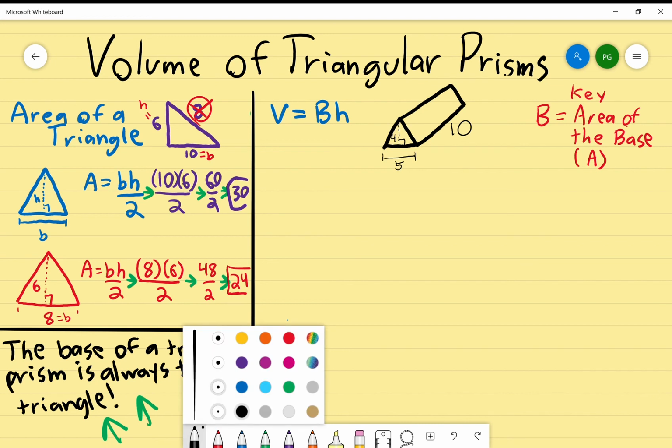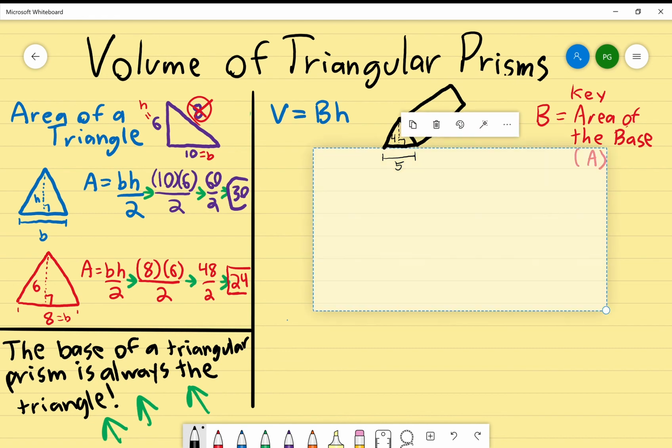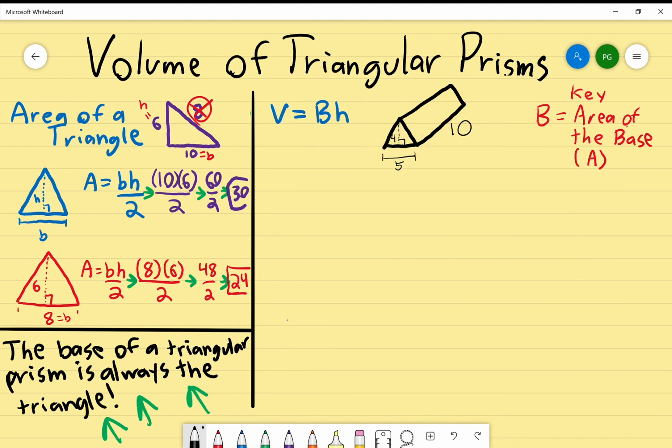Okay, so first things first, I need to find the area of the base, which is to say the area of the triangle. So I'm going to draw it out so it's easier for me to see. My height, the line going straight up, is 4, and my base is 5. So I go back to my formula. Area equals base times height divided by 2.